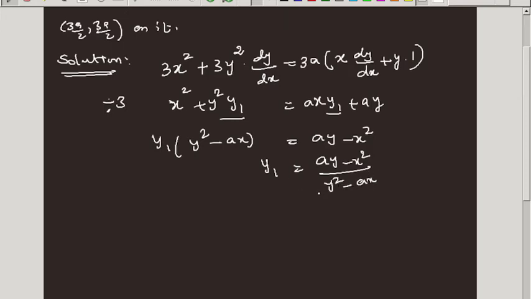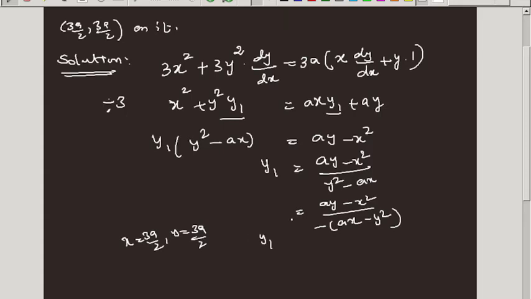Here we can take minus common so that we get the same power, a y minus x square. If I take minus in the denominator, we get a x minus y square. Why is this written? Because if we substitute x equal to 3a by 2, y equal to 3a by 2, we get the same term in the numerator as well as the denominator.